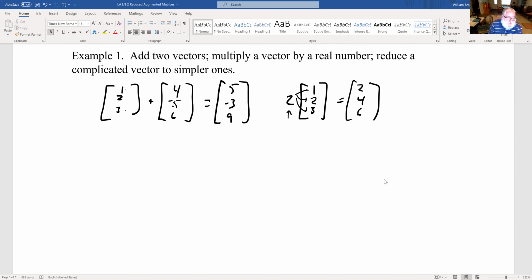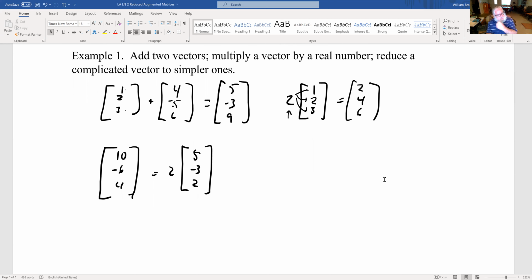If we have a vector, say 10, minus 6, 4, and you see that 2 is a common factor for each of these, you can factor out a 2 from each one, and you get 2 times 5, minus 3, 2. The key thing to remember about multiplication by a number or factoring something out is that when the number gets multiplied in, it multiplies everything. When you factor something out, it has to be common to each term.